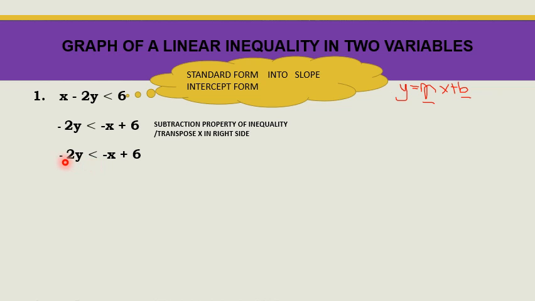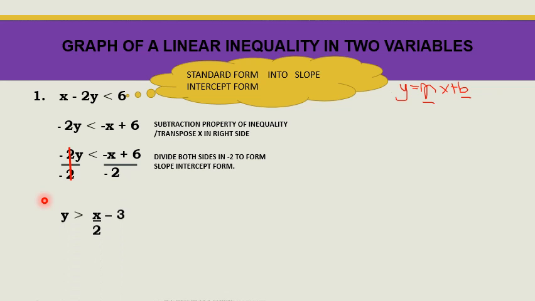Now we have negative 2y less than negative x plus 6. We need to get only the y here, positive, not negative. Therefore, we need to divide both sides by negative 2. Then after that, we cancel out the negative 2.